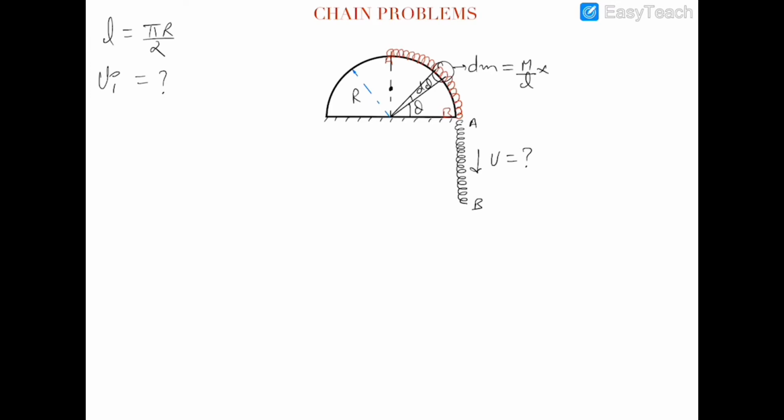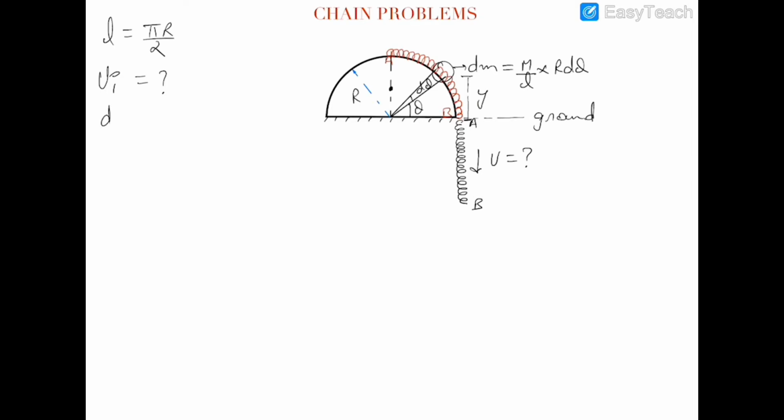This length will be r d theta. So dm will be m by L into r d theta. The height of this element from the ground, I am considering the ground to be this position, is h. In fact, I can take it as y.